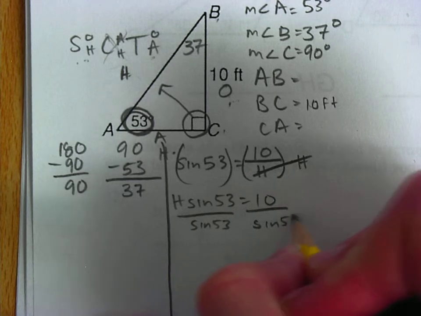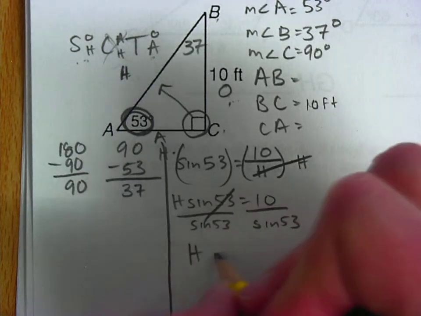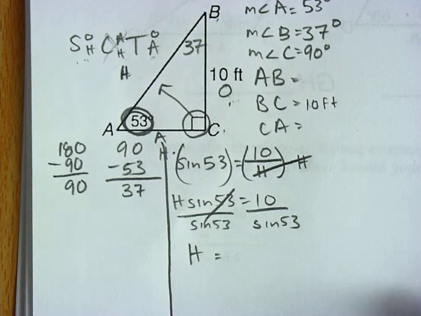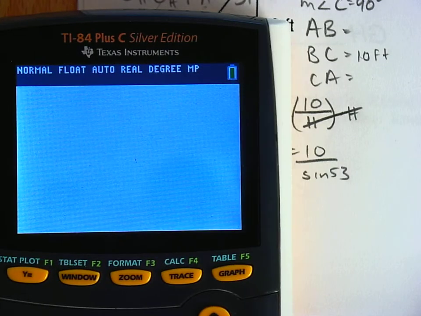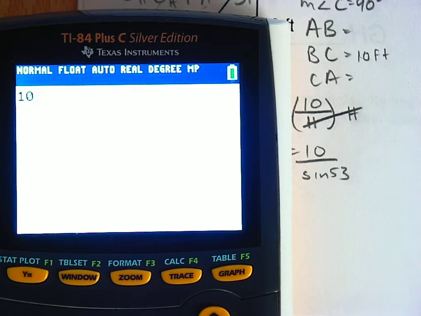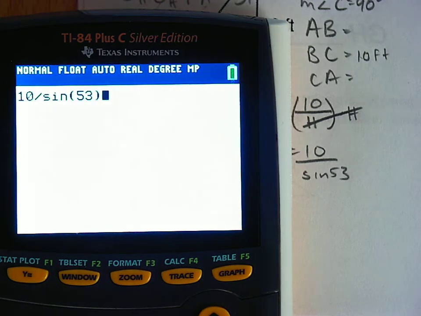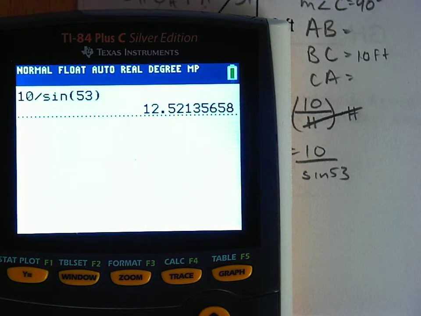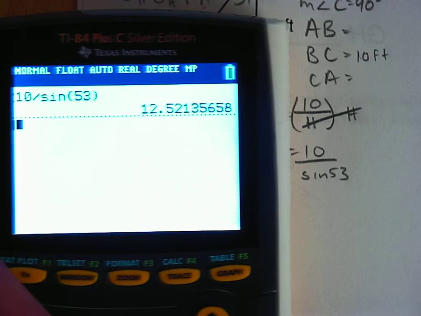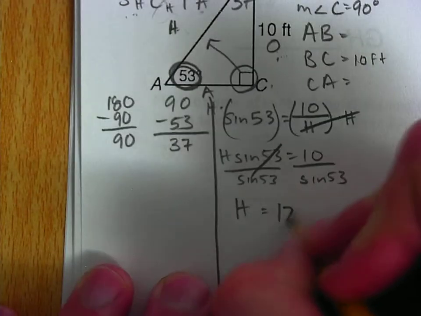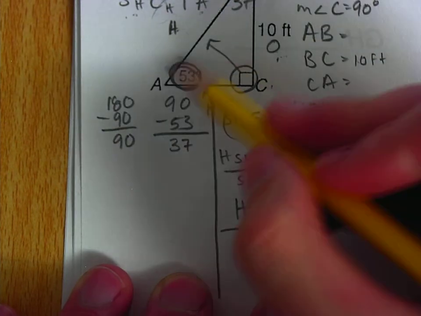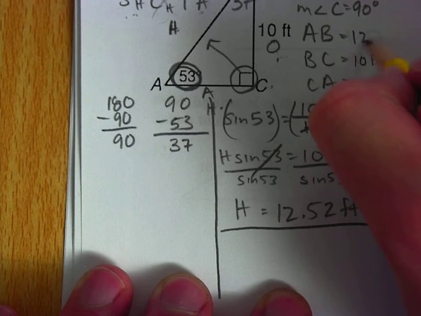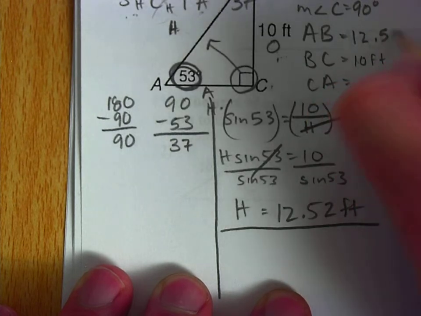Once we get h alone, we can just type that into our calculator. So here's the calculator part. We're typing it in exactly how we see it: 10 divided by the sine of 53, and we get 12.52, because remember, we're rounding to the nearest hundredth. So 12.52 feet. And h was the side AB, so we can write this up here, 12.52 feet.